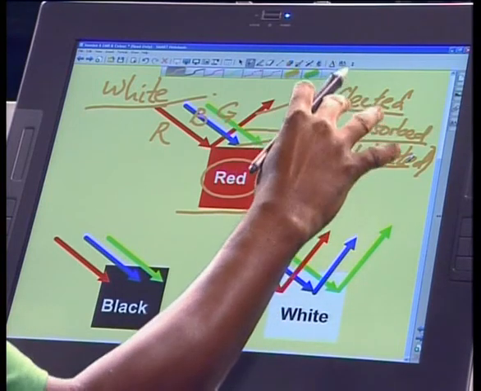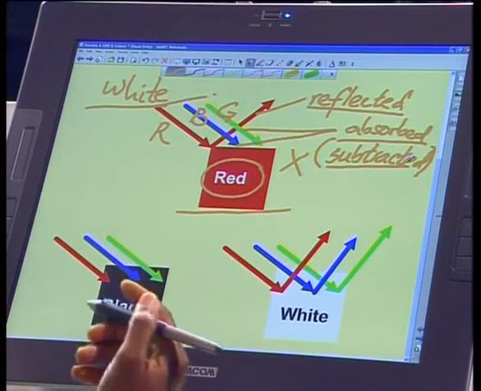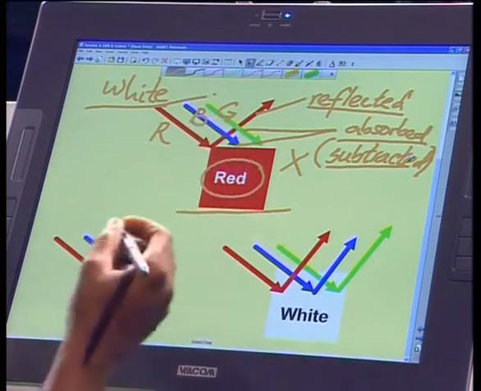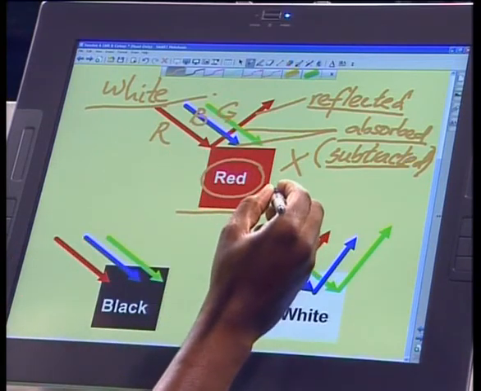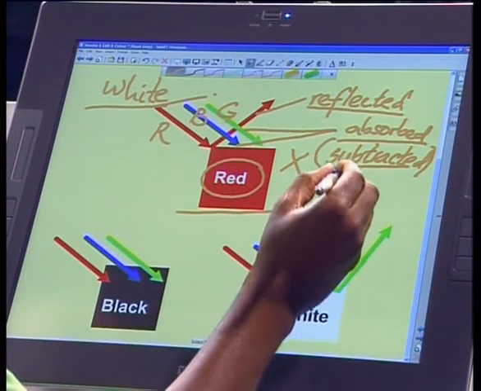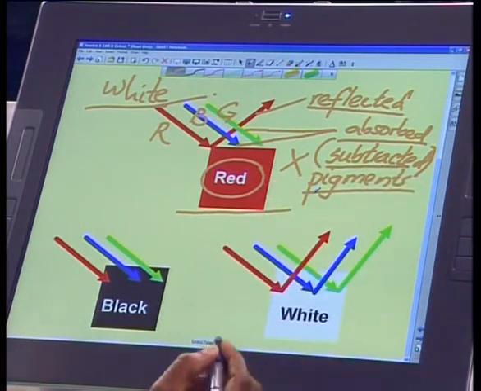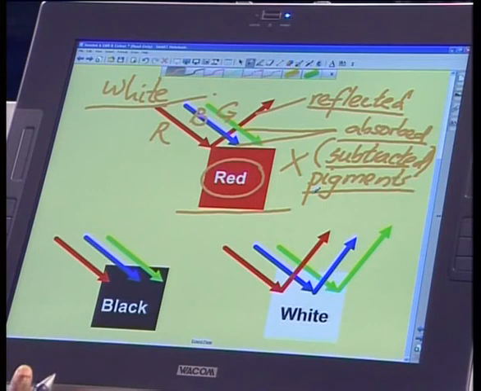And what things are actually doing this subtraction and or absorption and also reflection of colors? These are substances called pigments that are found in our clothes, in so many objects that actually give those particular objects color.